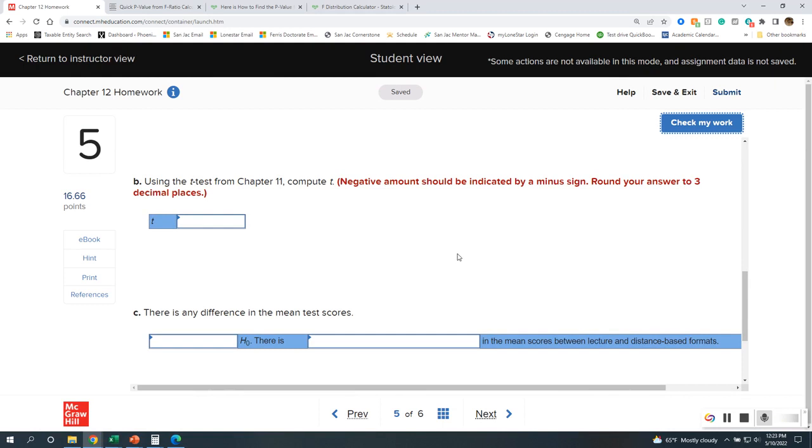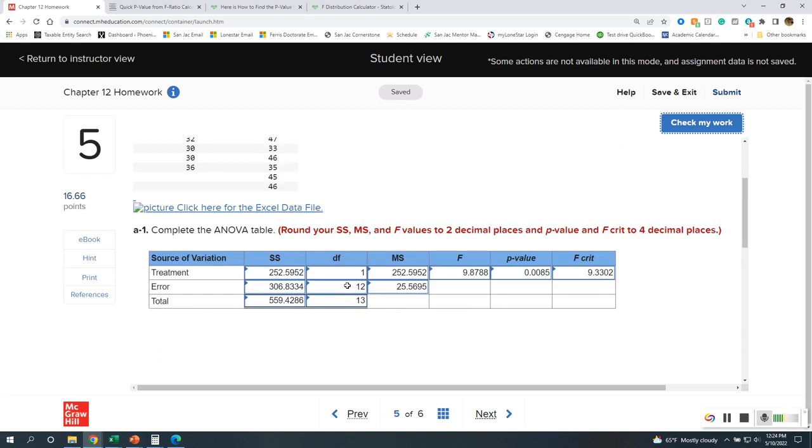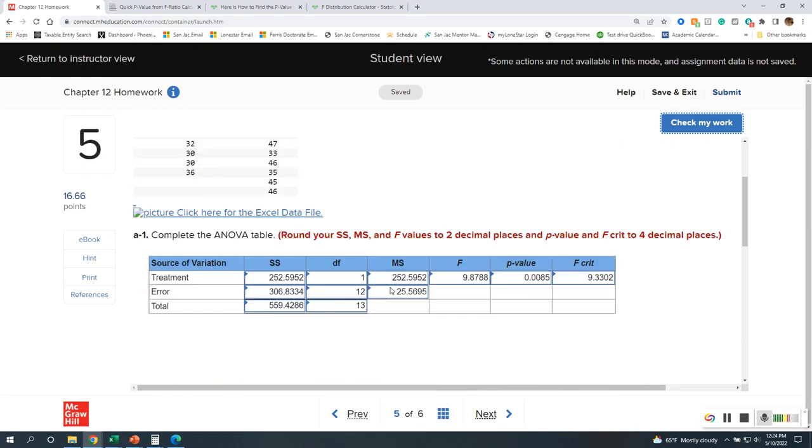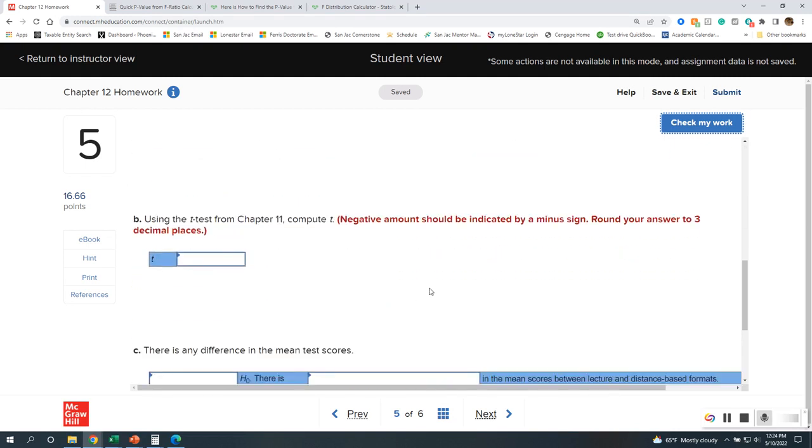Alright. So, using the t-test from Chapter 11, compute t. Okay. So again, we know that's going to be 12. I guess we're using the 0.95. Compute the t-test from chapter 11. Okay, so let's go find the t-test. Yeah, she said chapter 11. So make sure we get the right one.